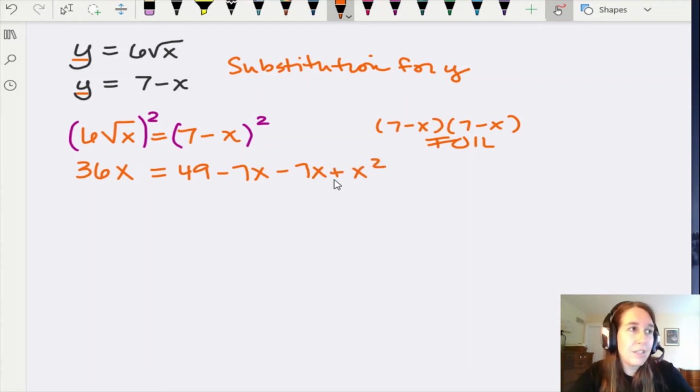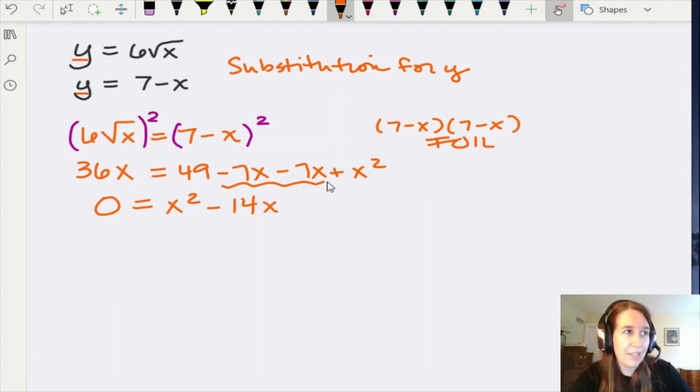Okay, let's combine all these things and throw them over to the side of the equation because it looks now like we have a quadratic to solve. I mean, that was really our goal, was to get rid of the square root, but we did end up with a quadratic now. All right, so actually, I want the x squared over on the right, so I take that back. We're going to throw everything over onto the right side of the equation. So 0 equals x squared minus 14x, just combining these two.